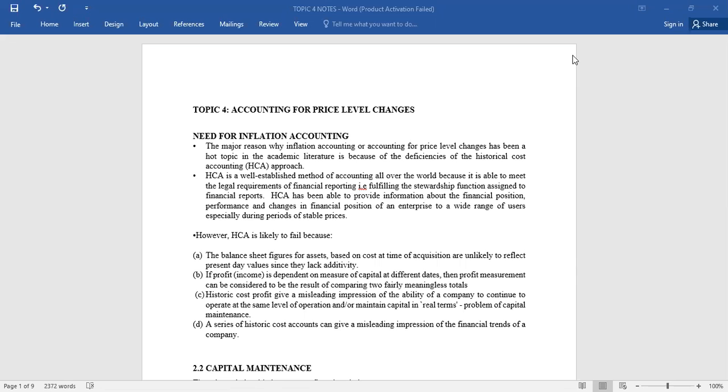I'm saying this because when you are preparing the balance sheet, or the statement of financial position, we normally have the column for the cost when we acquired the assets. Then depending on the depreciation method, we have the depreciation column, and then we have the net book value. So it is highly unlikely that what we report at the end of the period is realistic, because we defined our approach at the start of the period.